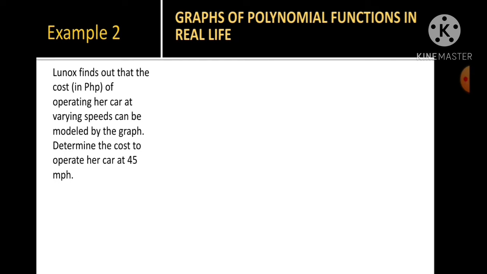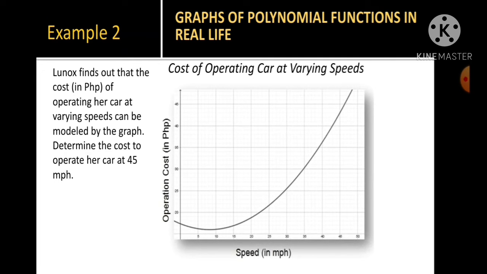Lunox finds out that the cost in Philippine pesos of operating her car at varying speeds can be modeled by the graph. Let us determine the cost to operate her car at 45 miles per hour. So this is the graph.